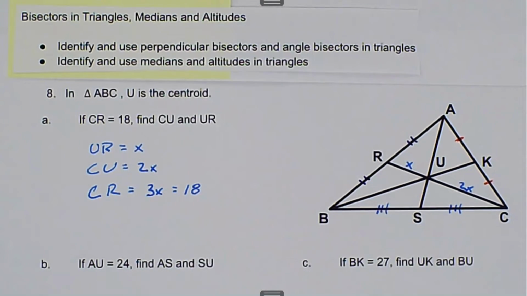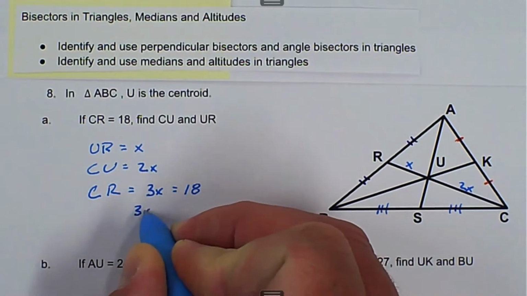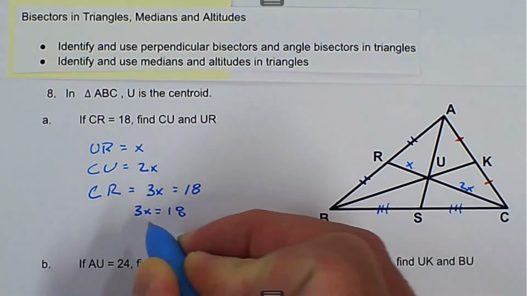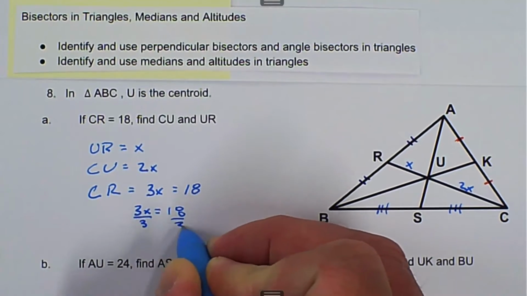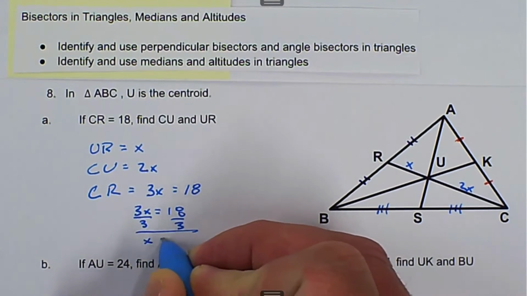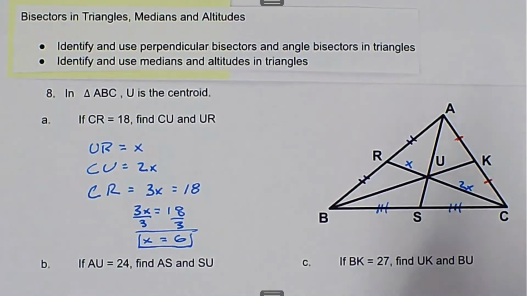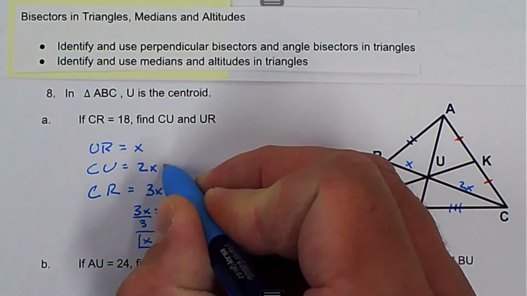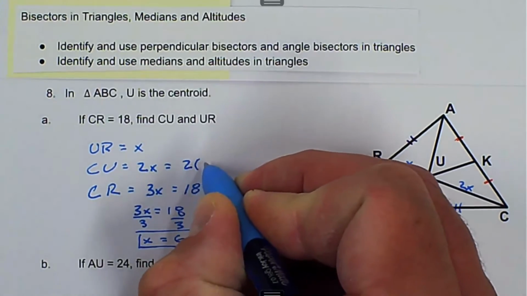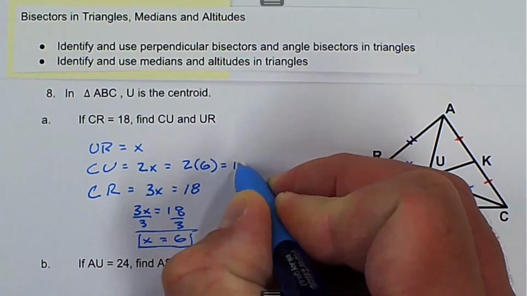So when we go ahead and solve that, we can say 3X is equal to 18. We divide by 3, and we get X is equal to 6. Then we can substitute that back in. So 2 times 6 is equal to 12.